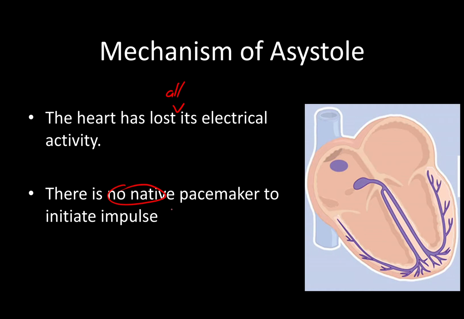And the reason for it is essentially always because there is no oxygen being pumped to the cells, or brought to the cells of the heart, to help keep them going. And without oxygen, there is no energy to repolarize.